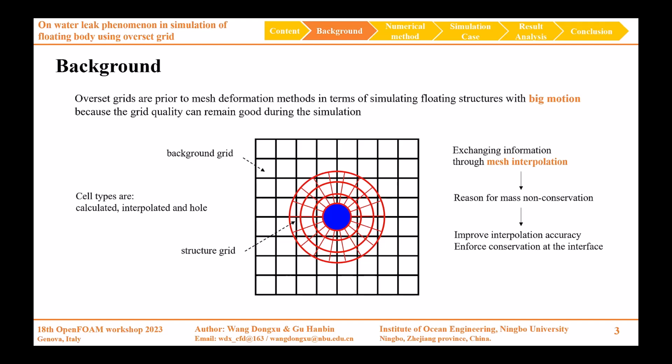Okay. I will ask the first question. The version of OpenFOAM, you mean? I think the version is not critical, but I use 2006. But as far as I know, the OVERSET grid source code has not been modified since 1806, maybe.